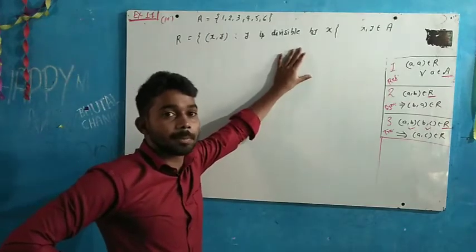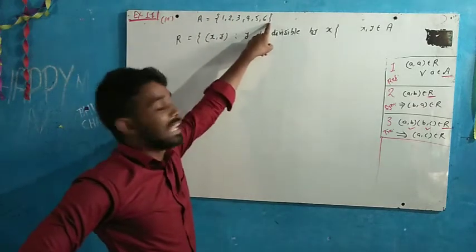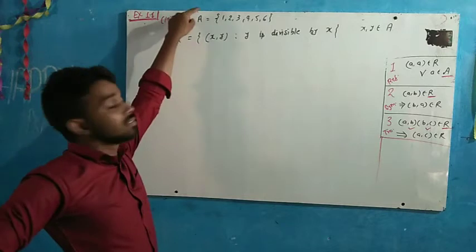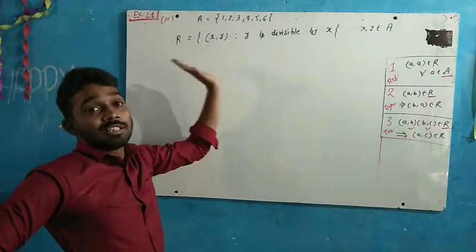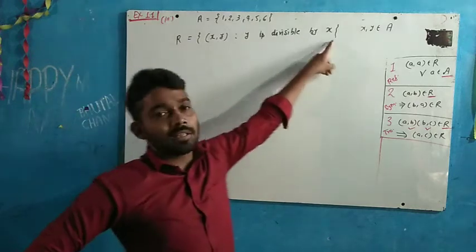Now see the third part. Capital A is given as 1, 2, 3, 4, 5, 6, and relation R on the set A is given like this: those ordered pairs such that the second number is divisible by the first number.